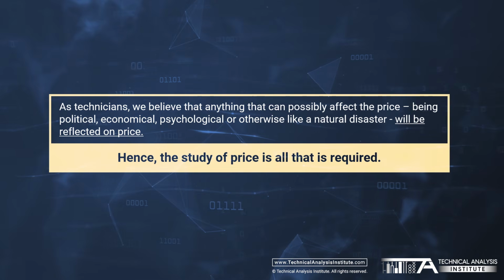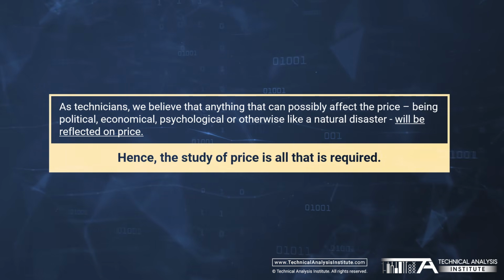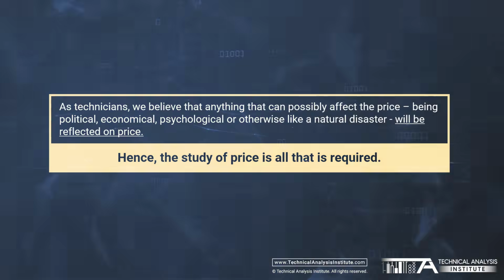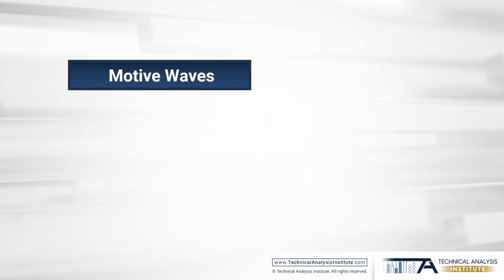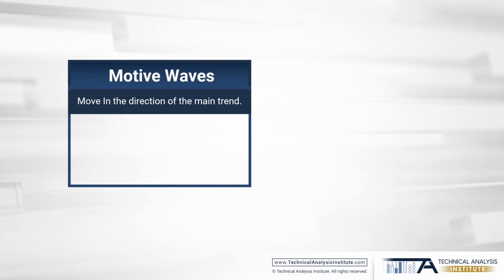As I said earlier, Elliott identified 13 of such wave patterns. To make things easier for you, we're going to divide those 13 patterns into 2 major categories: motive and corrective waves. Motive waves are the ones that go in the direction of the main market trend, and they always develop in 5 waves labeled with numbers. They can form impulses and diagonals.